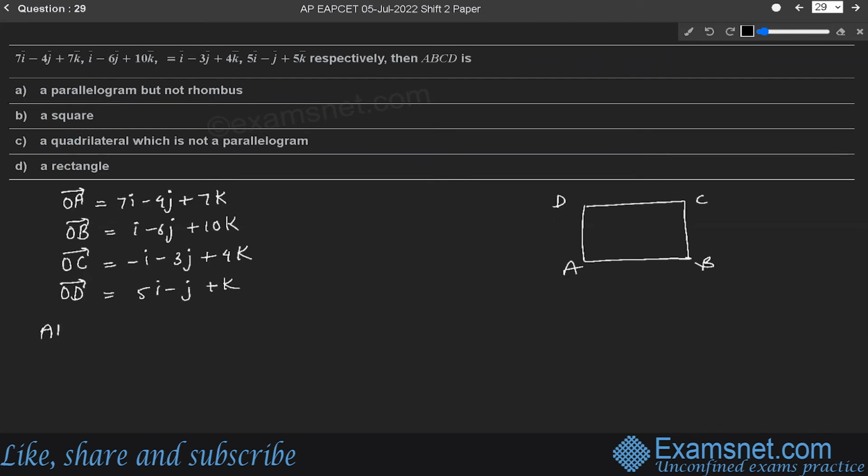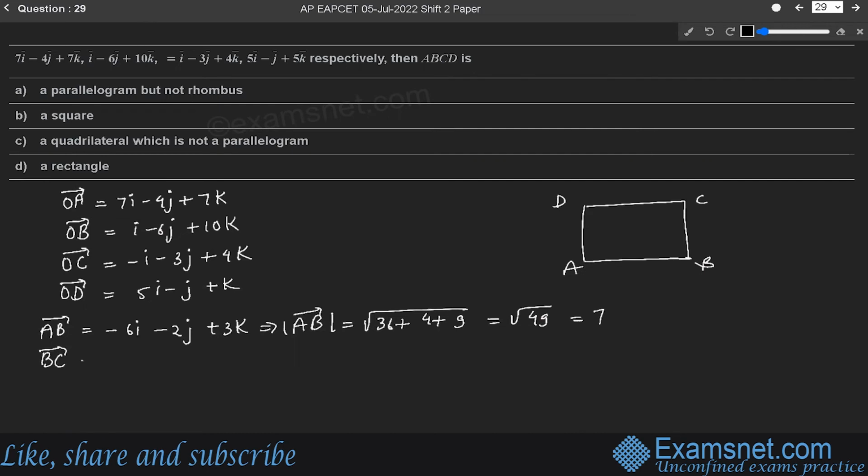Therefore, AB vector will be equal to minus 6i minus 2j plus 3k. So, modulus of AB vector will be equal to under root of 6 square plus 2 square plus 3 square, which is 36 plus 4 plus 9, which is equal to under root of 49, which is equal to 7.